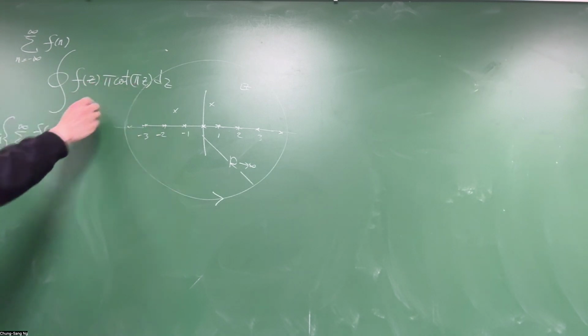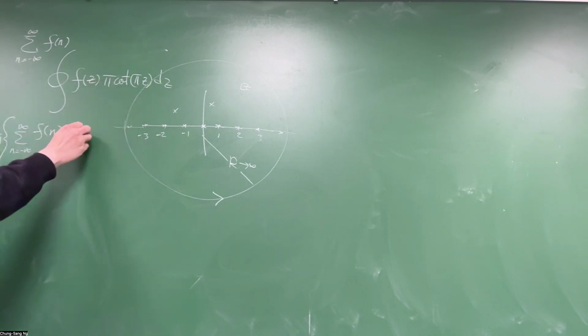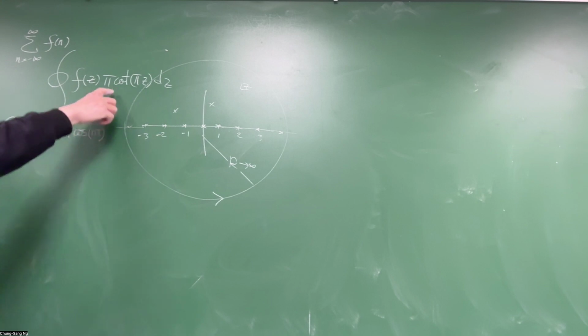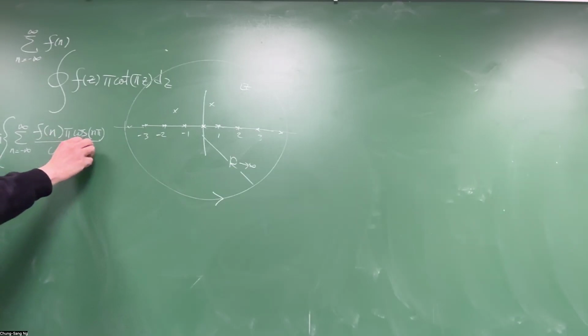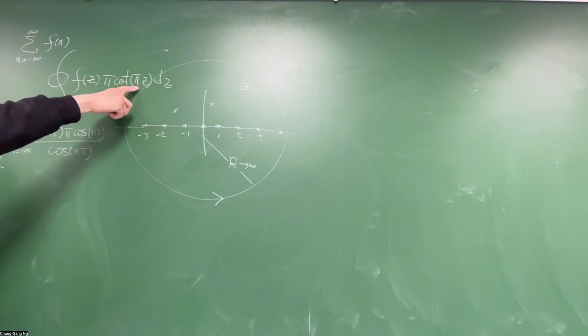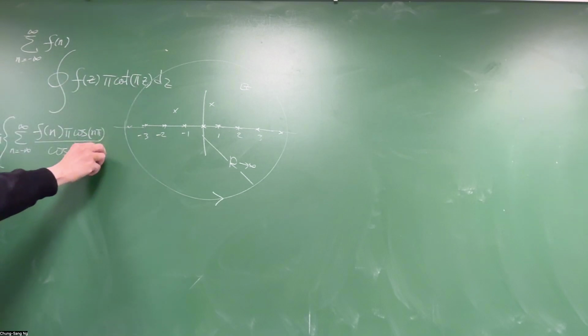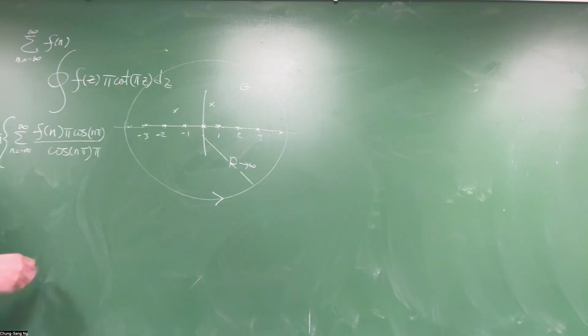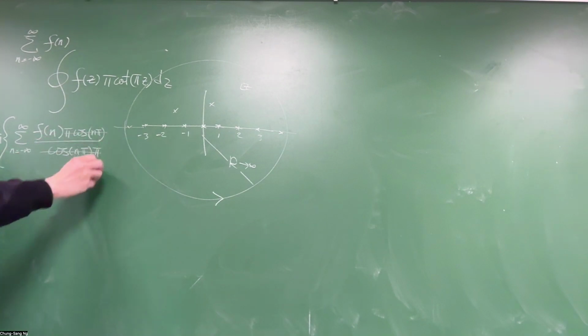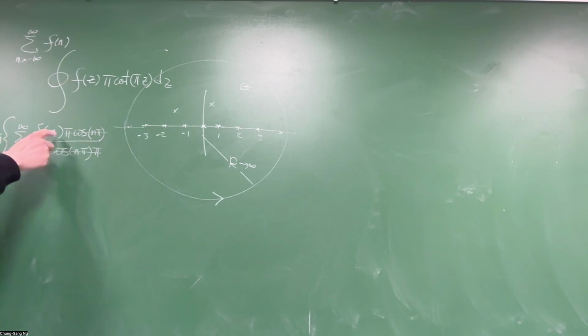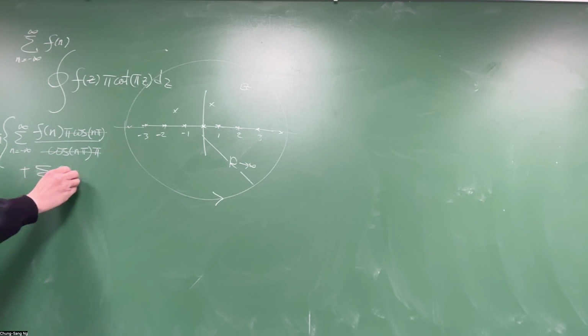The residue is then pi cosine of n pi, divided by the derivative of sine, which is also cosine of n pi, multiplied by pi because if you take a derivative you get a pi out. And so you see that these all cancel, right? And then plus the sum of residues of f.